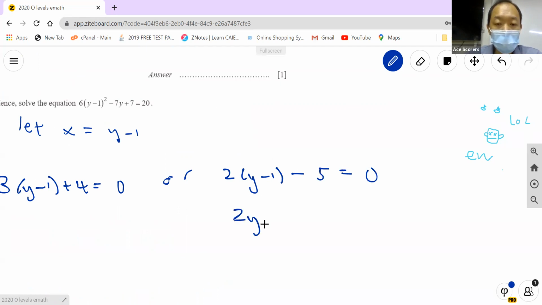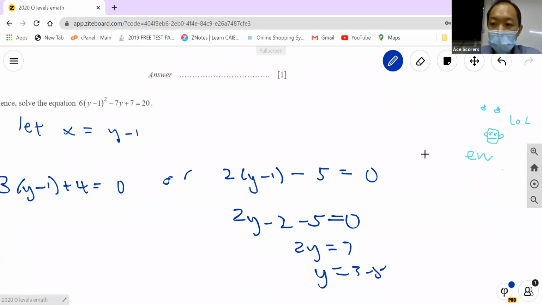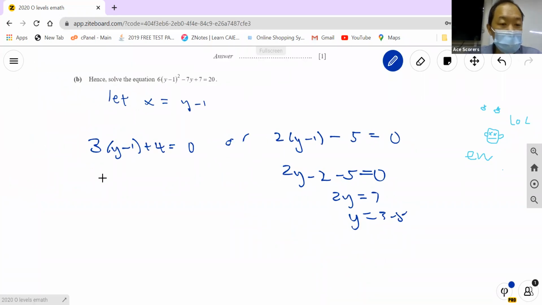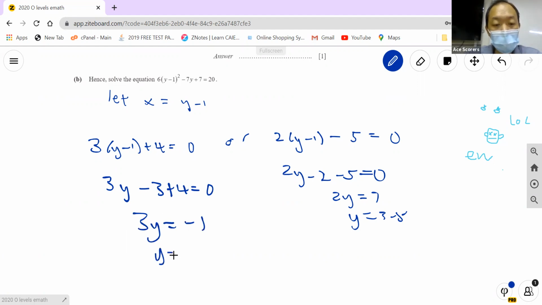So 2y minus 2 minus 5, 2y equals minus 7, so 3.5. Or 3y minus 3 plus 4 equals 0, 3y equals negative 1, y equals negative 1/3.